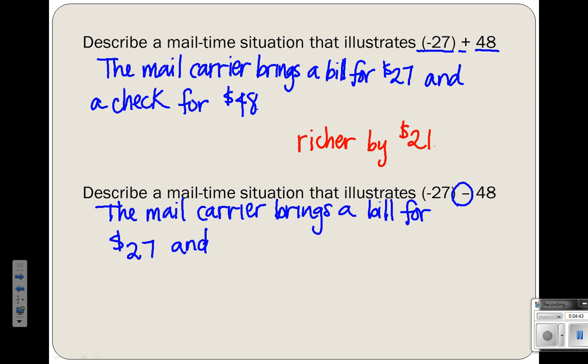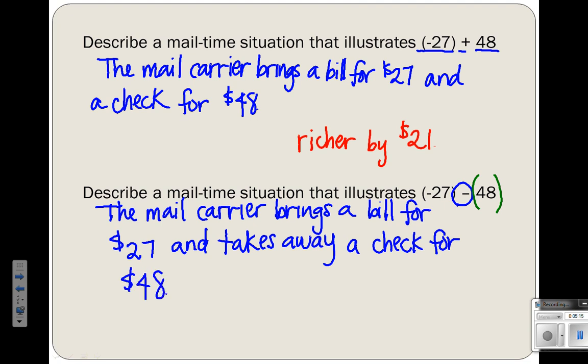And, okay, now that my sign's minus in the middle, he's taking away. So he takes away. Now, what is he taking away? The second number tells you what he's taking away. The 48 is still positive. So we've already taken care of the minus with my takeaway. He's taking away a check for $48.